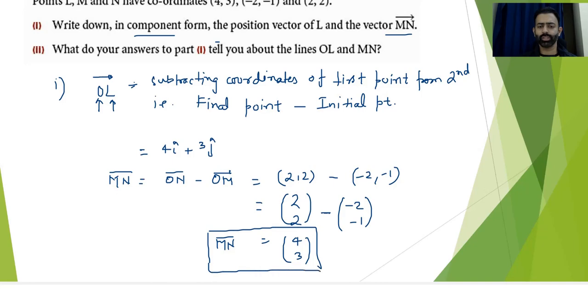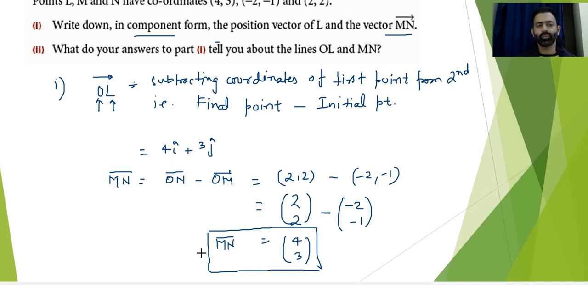If I am talking about a position vector, then I will say the position vector of N with respect to M. If I have to call this vector a position vector, then this 4 comma 3 is the position vector of N with respect to M. Otherwise you simply call this vector MN. Normally, when we are talking about a position vector, it simply says the position of a point with respect to the origin.